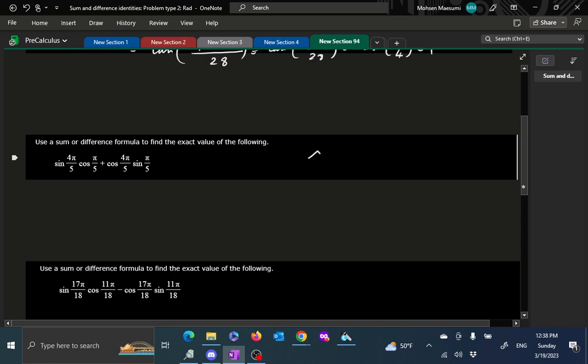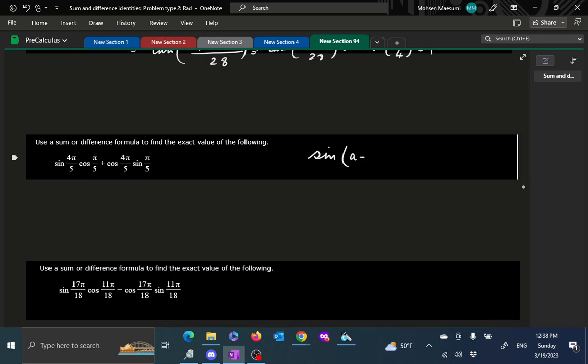Well, remind yourself of the formula for the sum of two angles whose sine is being calculated. The sine of the first, cosine of the second, plus cosine of the first, sine of the second, or some expression like that. So this is going to be sine of the sum of the two angles.